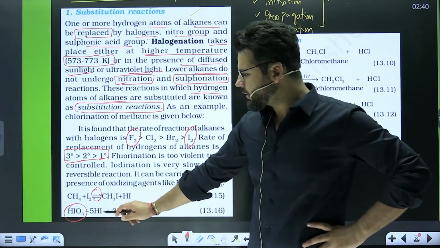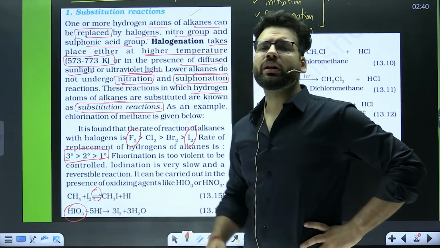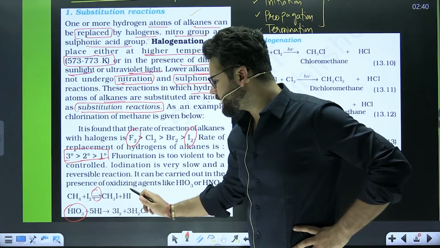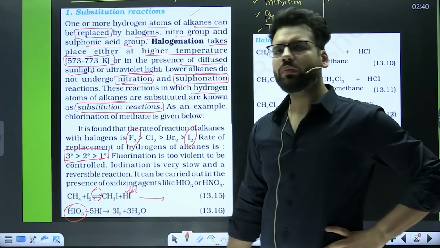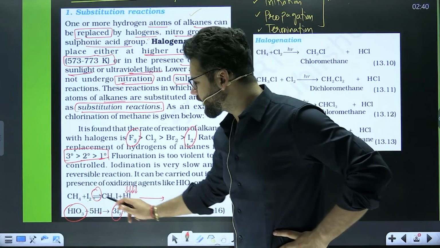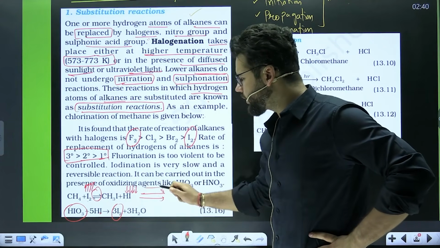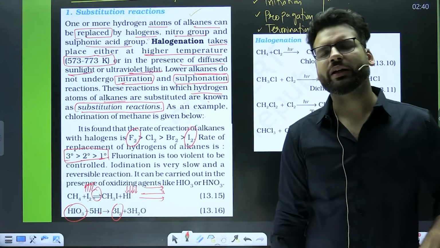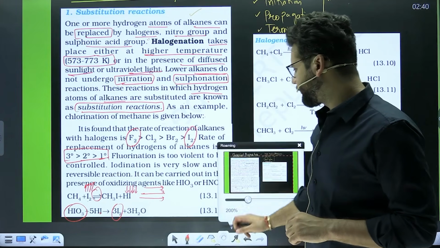So what happens is it oxidizes HI back to iodine, which increases the yield of the reaction. HI is removed, and if HI is removed, Le Chatelier says send the reaction forward. And also iodine is increased. Iodine increased, Le Chatelier says send the reaction forward. So the reaction goes more and more forward. That is the problem with iodination, that it is slow and reversible. I hope it is clear to all of you.